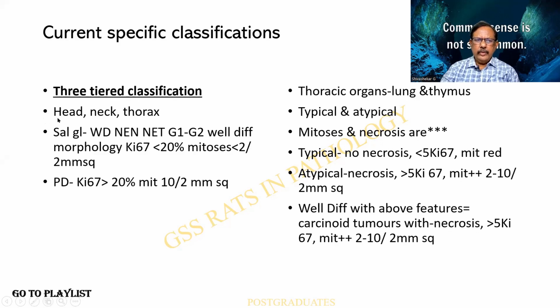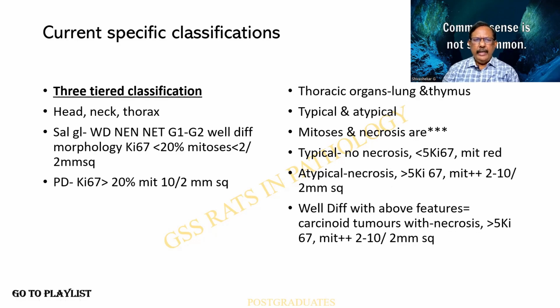And in this, he has included the head, neck, and thorax. In the head, you have got the salivary glands, and then thorax, the organs can be the lung and the thymus. In all this, there have been specifications for the Ki-67 index, for the mitotic activity, and the presence or absence of necrosis.